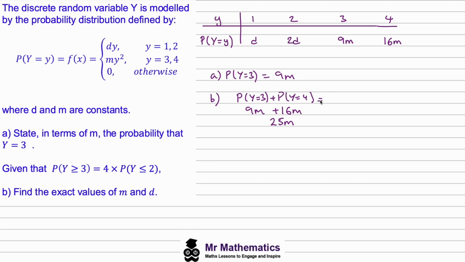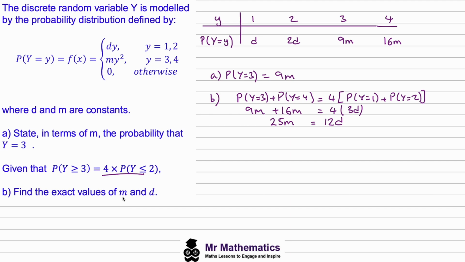And this will be equal to 4 times the probability of y equaling 1 or y equaling 2. So this will be equal to 4 lots of y equals 1, which is d, plus the 2d, so 3d, and this will equal 12d.